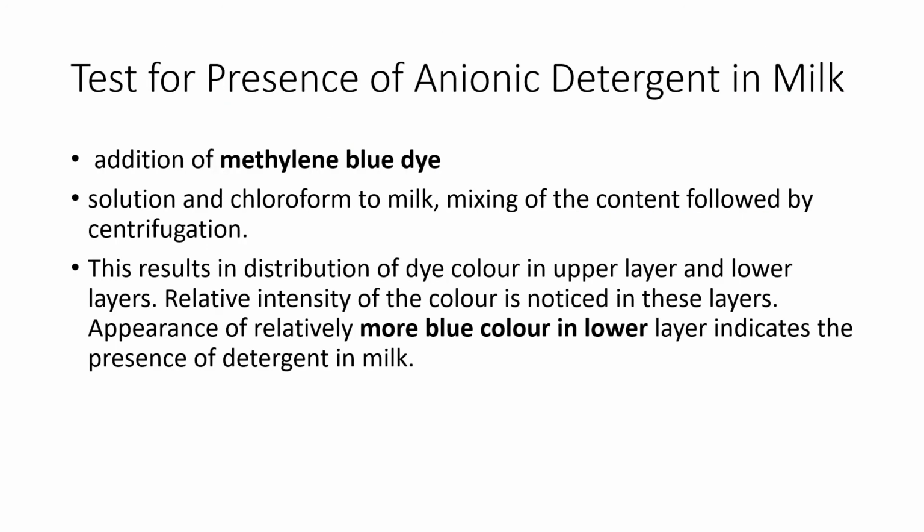Test for presence of anionic detergents in milk. There are a lot of soaps that come in white color, right? When you mix this white soap with the milk, it is very hard to detect. Specifically to detect this kind of anionic detergent adulteration, there is a dye called methylene blue. Just remember the name. Methylene blue is associated with anionic detergent, that is soaps.